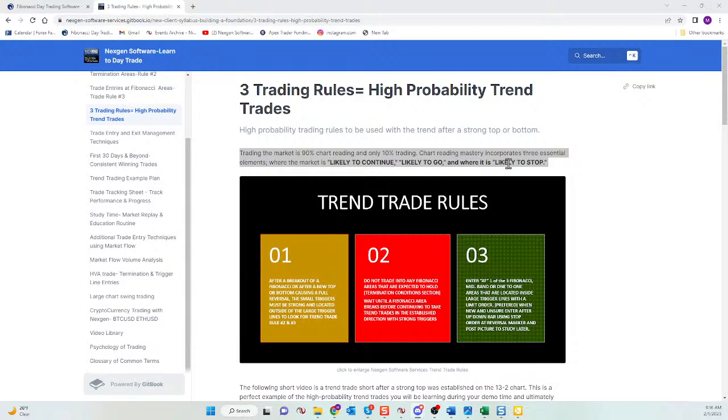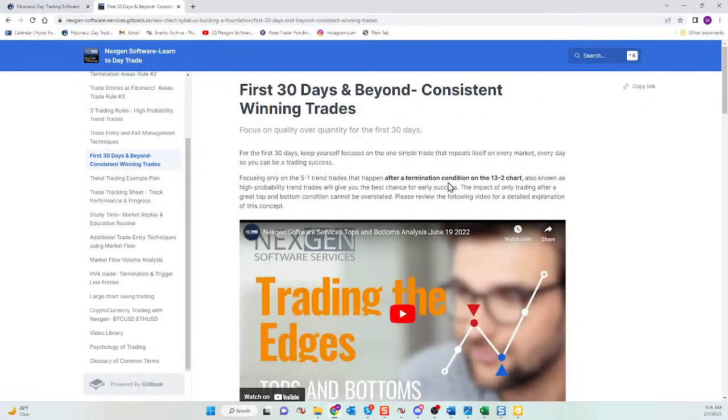You'll know when it's no longer safe to take a direction or to take a trade in the direction of the trend. You're also going to be able to use these termination conditions, these areas where the market is likely to stop, as an anchor for that high probability trend trade setup, because that first 30 days is focusing on the trades that happen after a termination condition on the 13-2.